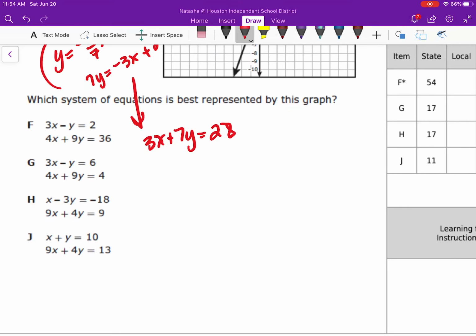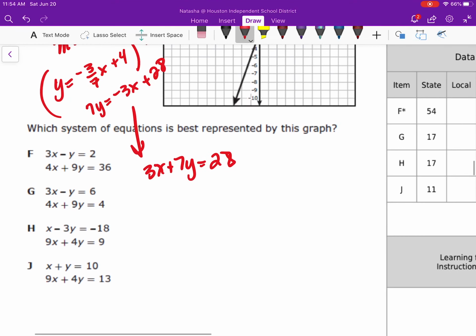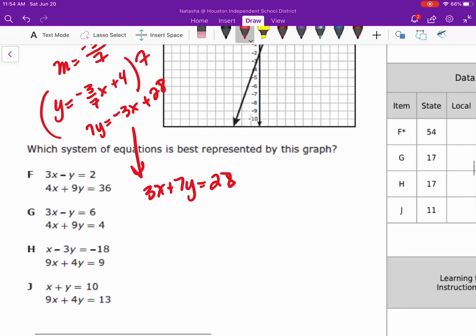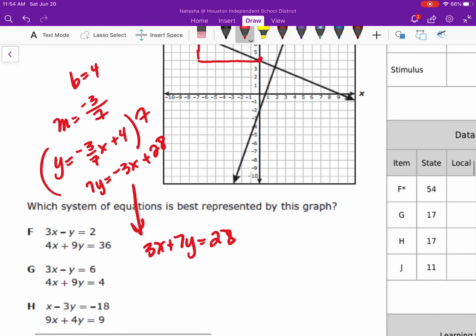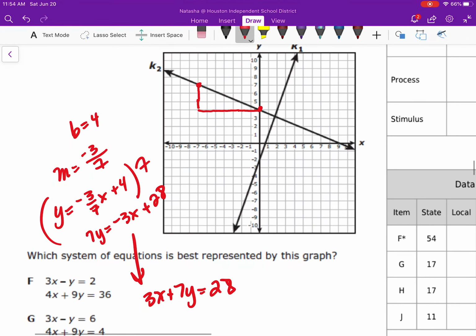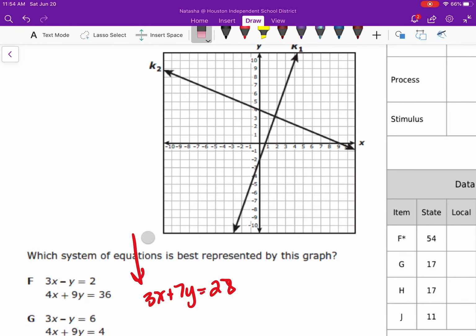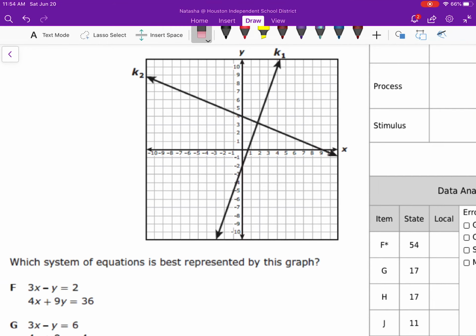So let's see if any of those matches. None of those matches, so I must have my slope wrong. That may not be the perfect point. I definitely know that that is a perfect point, so let's try this again.